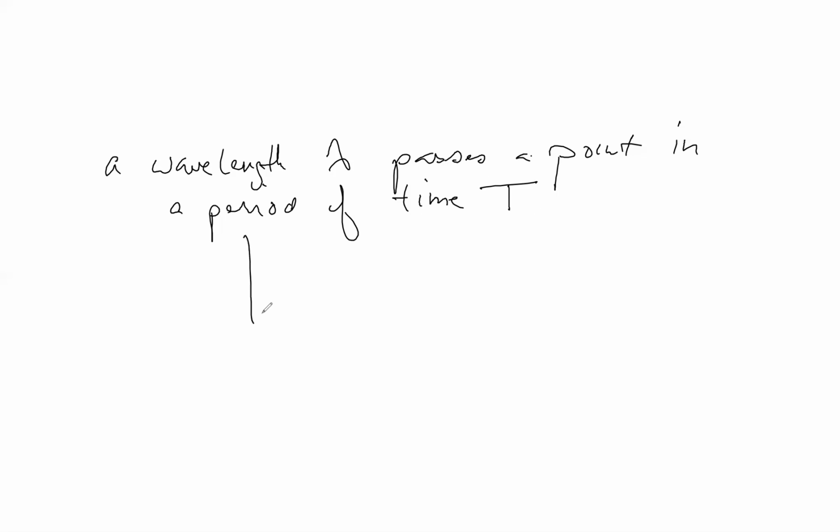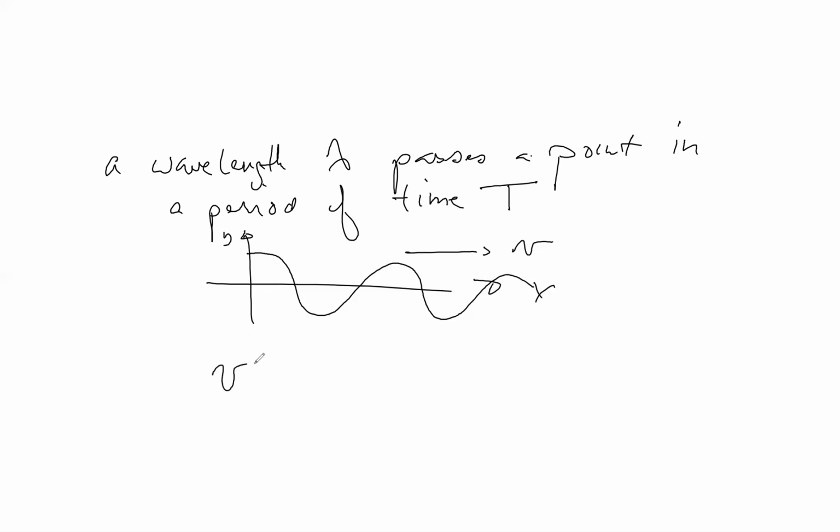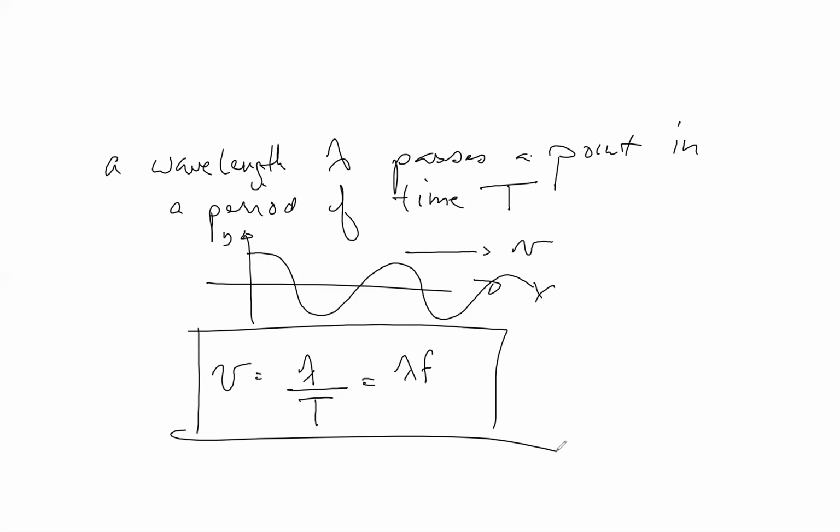When I'm looking at this wave traveling in this x direction, I see this disturbance moving to the right with some velocity v. But because I know that it travels a distance lambda in a time T, I can write that the speed of that wave is equal to lambda times f, or lambda times the frequency.